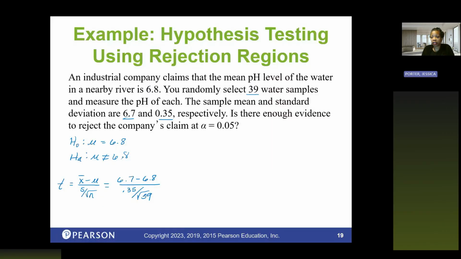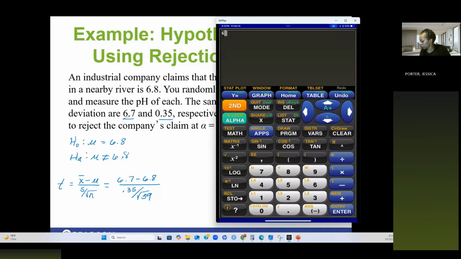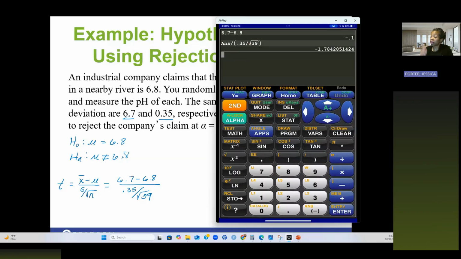Let's grab our handy dandy calculator. Negative 1.78.